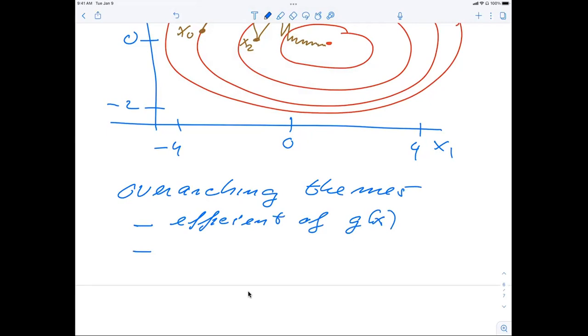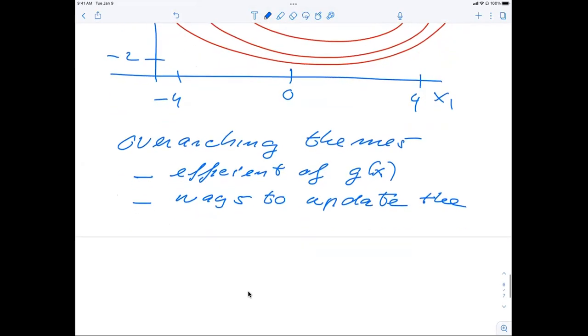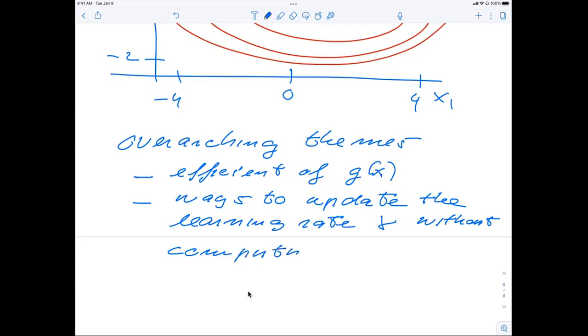And two, ways to update the learning rate, gamma, without computing, for example, the inverse of the Hessian matrix.